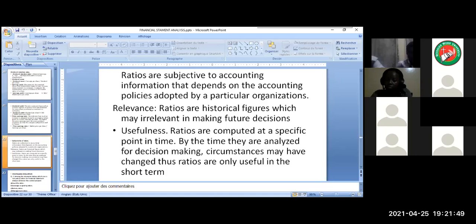Okay. The difference between a non-profit organization and a profit organization is also based on their mission. Non-profit organizations are there to fulfill a social mission.